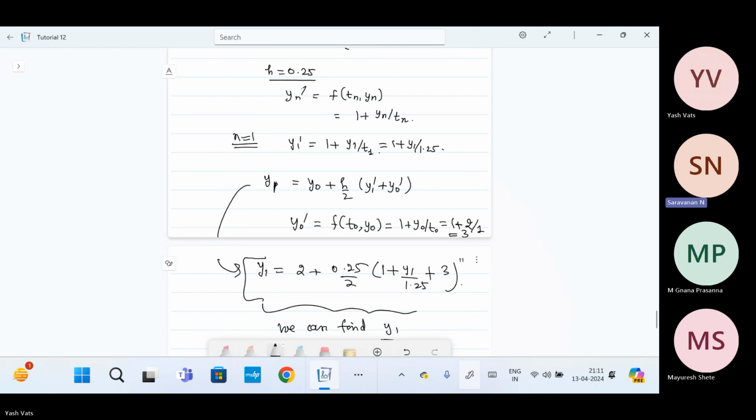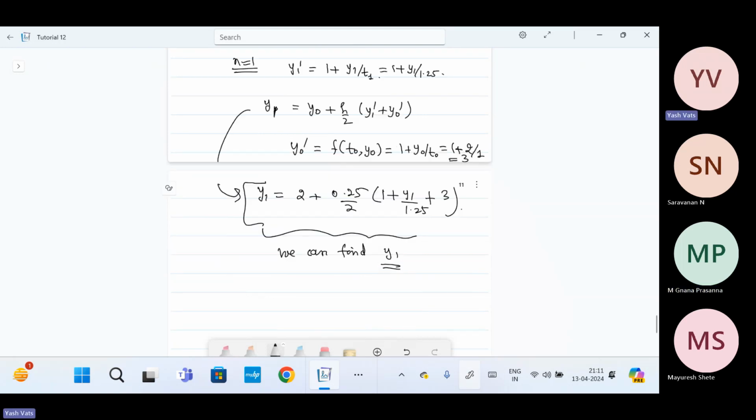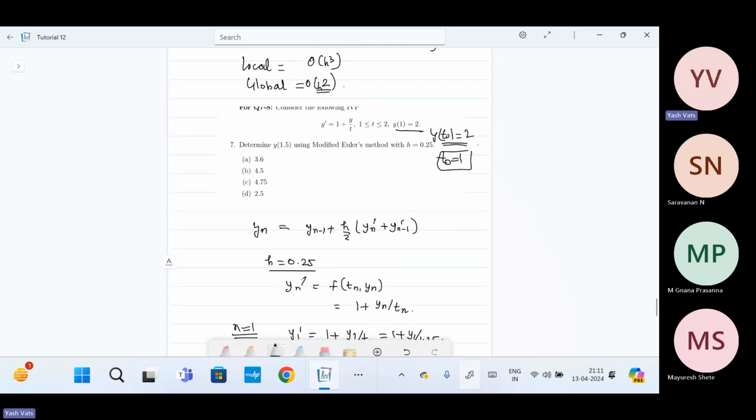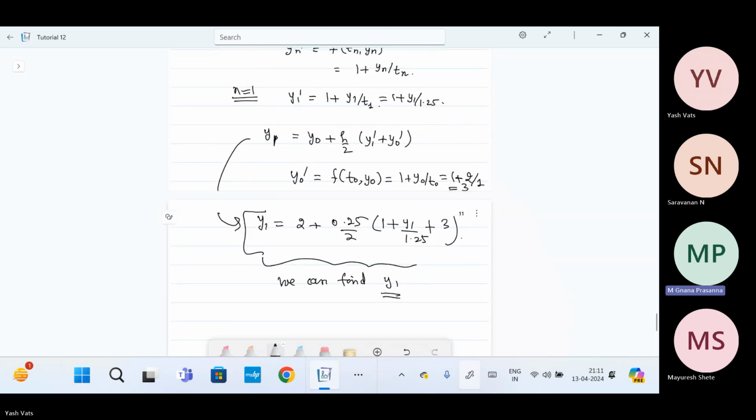That y1 is left, and you need to find it. We don't have the value of y1 initially, and you can't find it using Euler's formula; we have to find y1 using this modified Euler method.